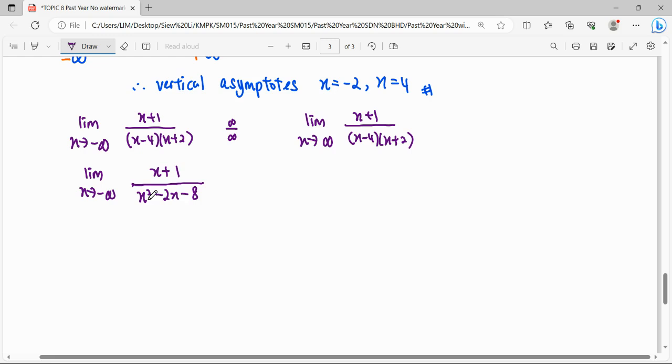You can see all these are polynomials. So we divide by x squared: x over x squared, 1 over x squared, then x squared over x squared, 2x over x squared, negative 8 over x squared.